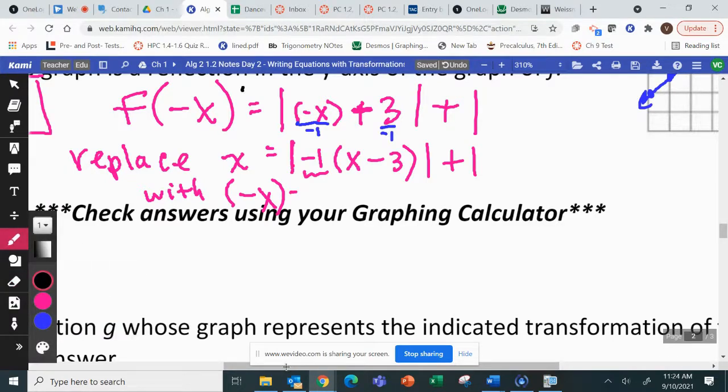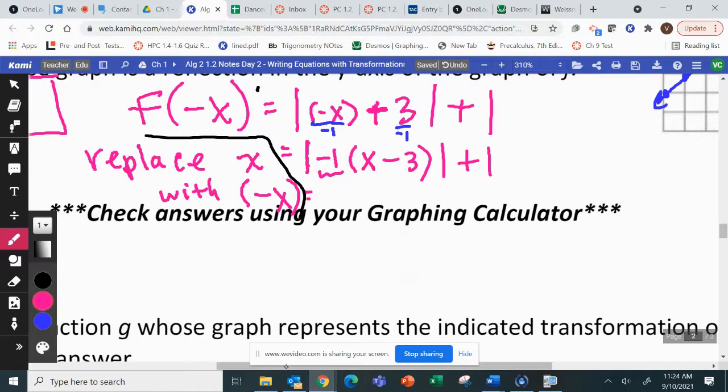I'm allowed to take out the -1 from the absolute value, make it its own separate absolute value, and make x minus 3 its own separate absolute value. I'm allowed to kind of separate that because both of these things are being multiplied. So I can unmultiply them, but have the absolute values multiplied.